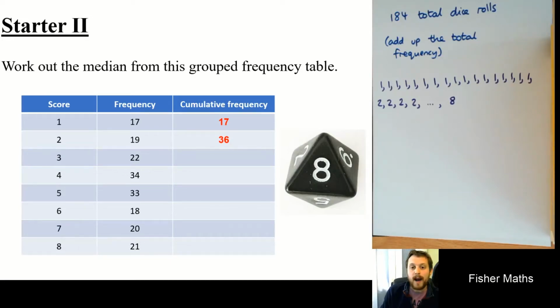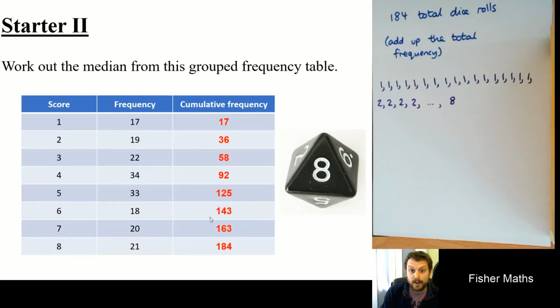So now I would add 22, then I would add 34, then I would add 33, then I would add 18, then I would add 20, and lastly I would add 21, and of course I get 184. Right? There are 184 dice rolls that are 8 or less.